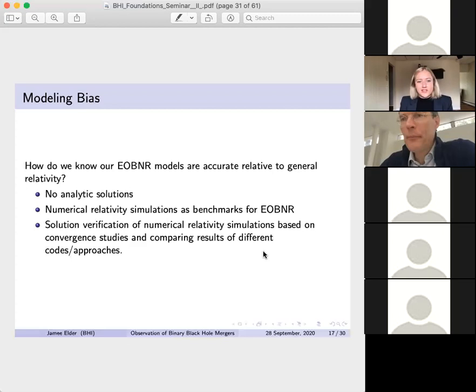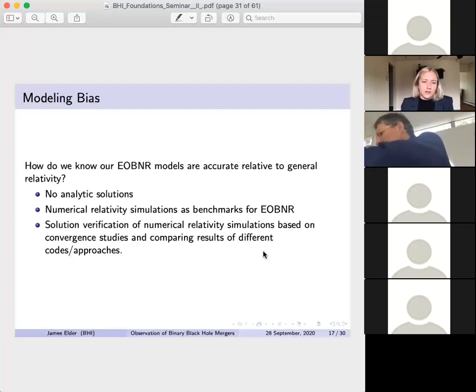But then, of course, we have to ask why we think that numerical relativity simulations are accurate. Now, to some extent, if you're not a numerical relativist, you just have to trust that what they're doing makes sense.